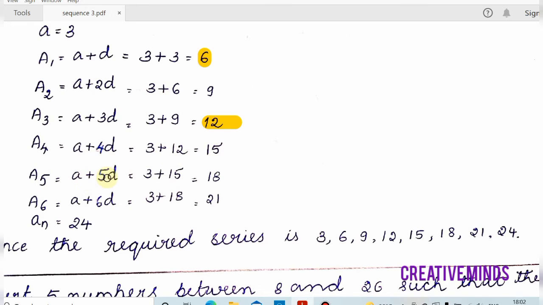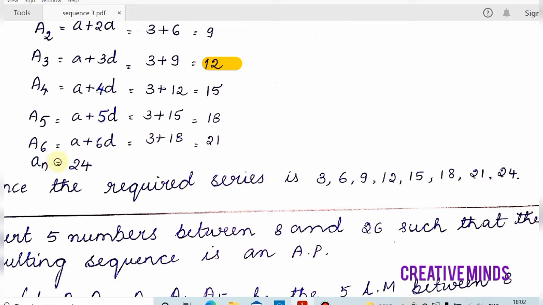A5 is equal to A plus 5D, that is 3 plus 15, that is equal to 18. And A6 is equal to A plus 6D, so 3 plus 18, that is equal to 21. So AN is equal to 24. Hence the required series is 3, 6, 9, 12, 15, 18, 21 and 24.